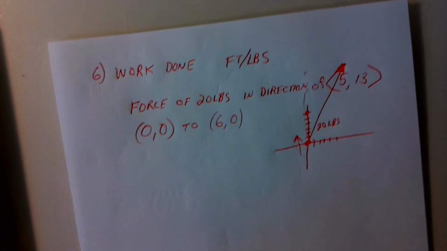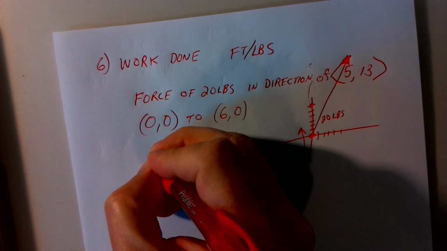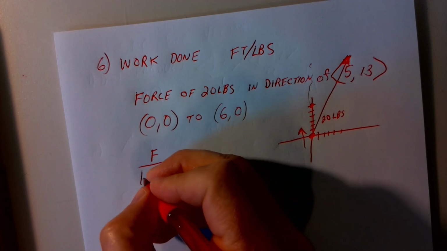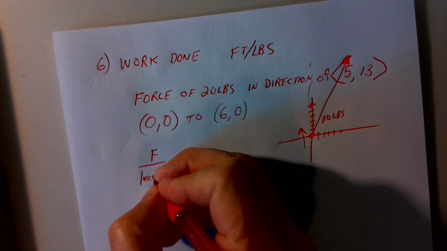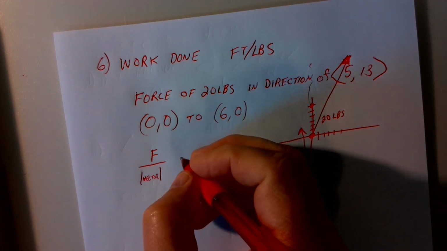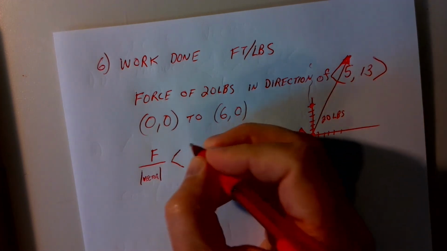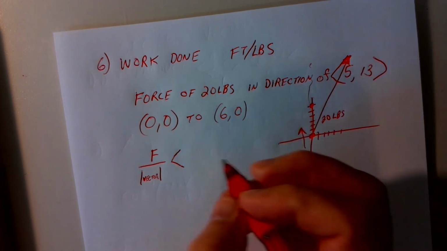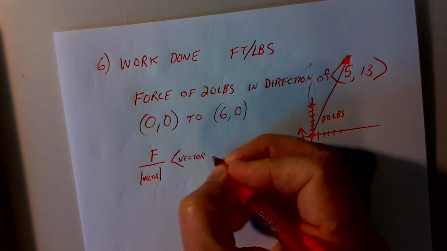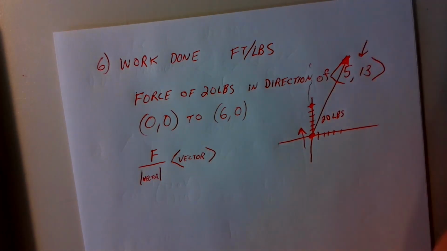So what does it look like to be able to do this? The first thing we're going to do is take the force over the magnitude of the vector, and we're going to multiply it to the vector. This is my original vector.